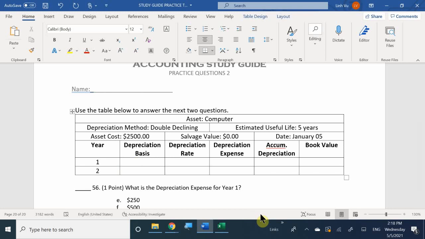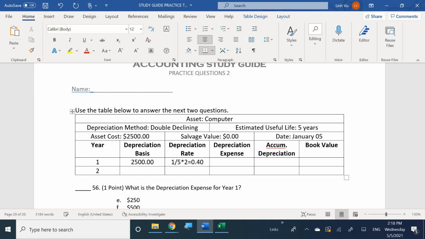What is my depreciation basis this time? It's the asset cost, 2,500. What's my depreciation rate going to be? 0.4. It's 1 divided by 5 times 2, which gives you 0.4 because we're depreciating it twice as much.